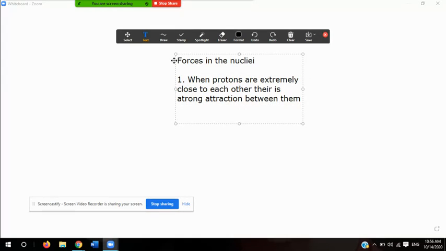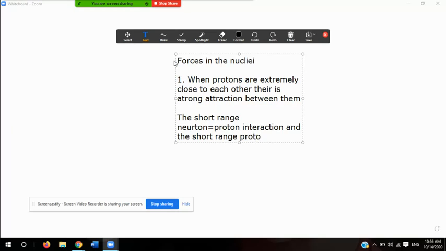And pretty much the short range neutron-proton interaction and the short range proton-proton interaction are referred to as nuclear forces.